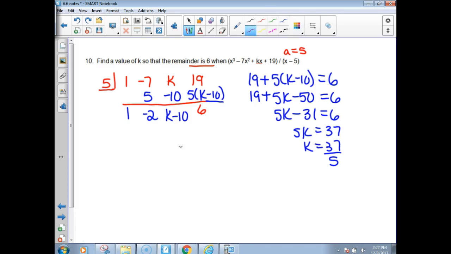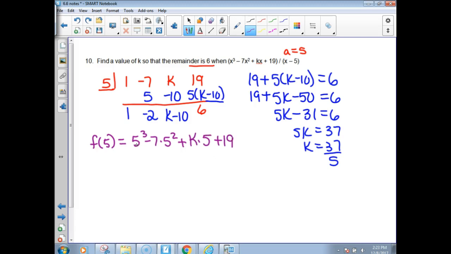Now, here was another way to do it. What's the remainder come from? Doing the f of what? 5. So the f of 5 means plug 5 into the polynomial. So we could have done the following. 5 to the third minus 7 times 5 to the second plus k times 5 plus 19.